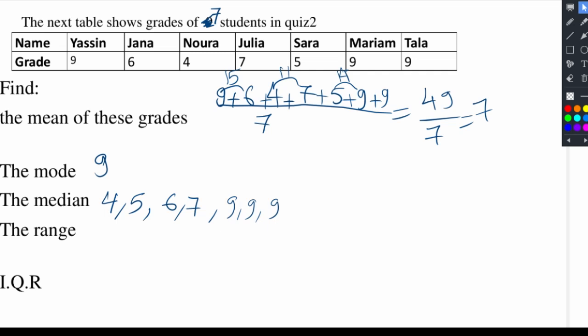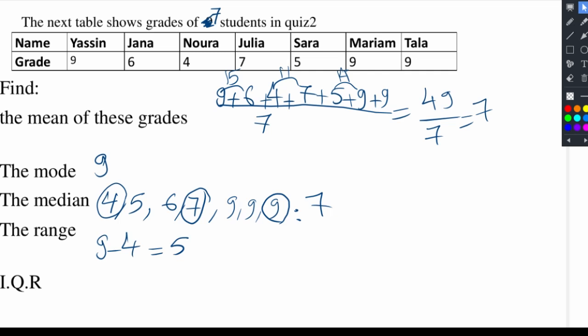What is the middle value? The middle value is 7. The median is 7. The range is the difference between the maximum, which is 9, minus the minimum. 9 minus 4 equals 5.